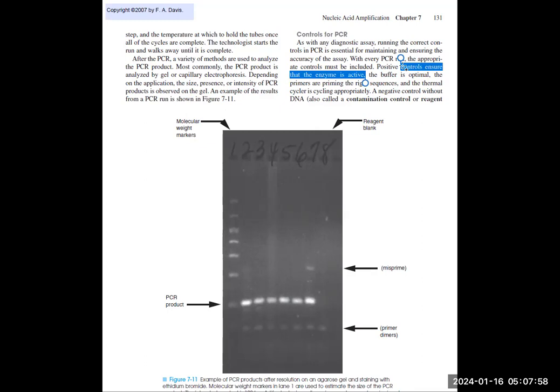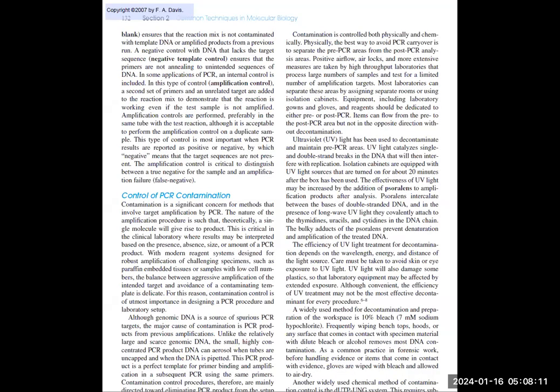We also have two sets of negative controls. The first is the negative control, also known as our contamination control or reagent blank.